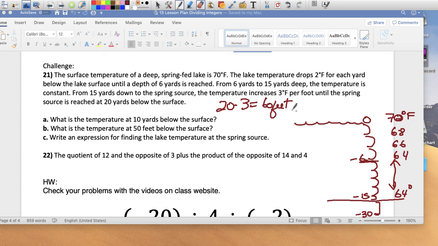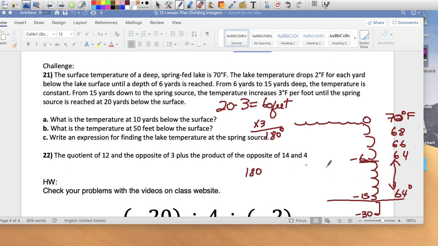And the temperature increases 3 per foot. So 60 times 3, there's an increase of 180. So if you're at 64, the temperature will go up.